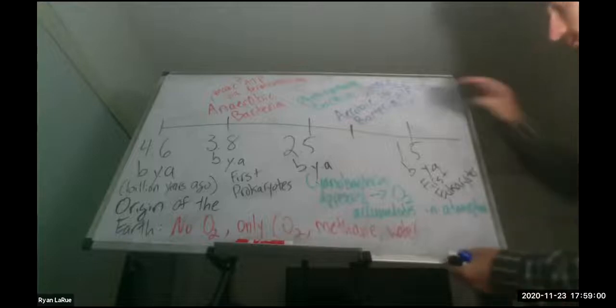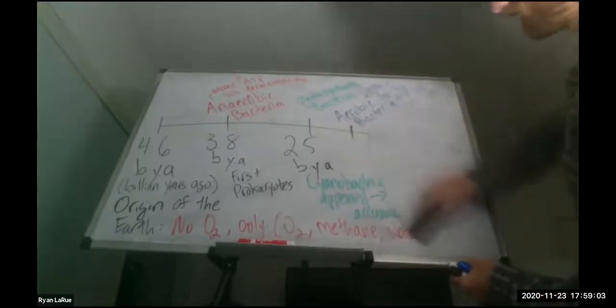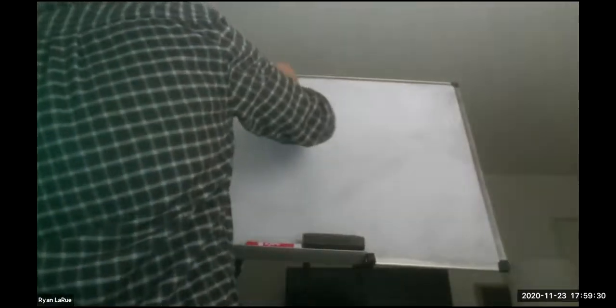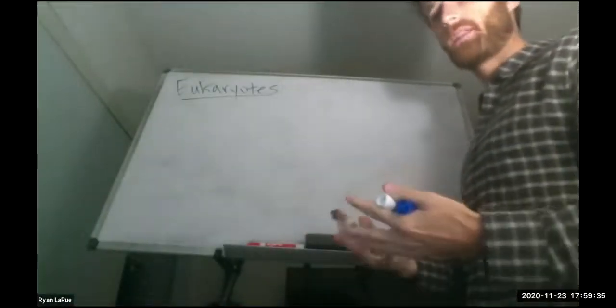So I'm going to erase now. So the first eukaryotes appeared 1.5 billion years ago, and this is the event that we're going to talk about before we get into protists, how that happened. But first, let's define a eukaryote again. Eukaryote. So this applies to all of domain Eukarya.